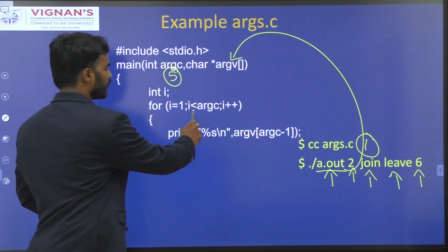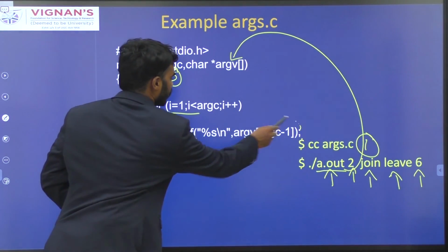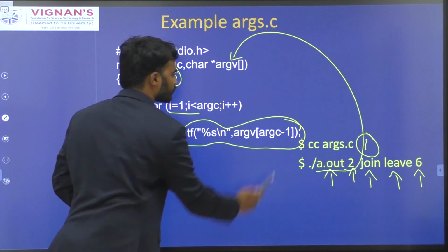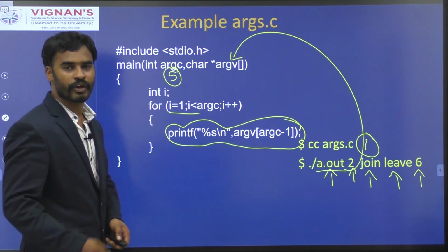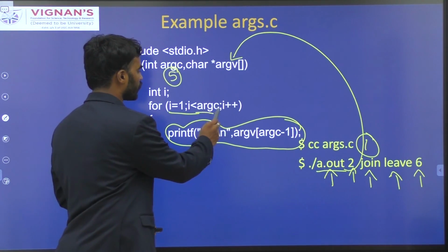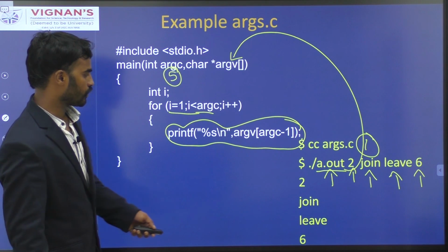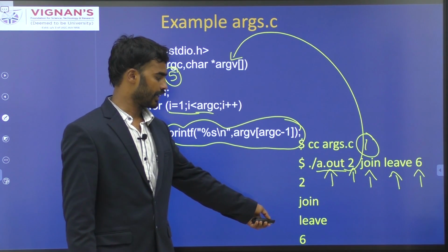So what I am doing is printing all the values inside the array. How many values are there? The number of values is equivalent to argc. So this is the output: 2, join, leave, 6.